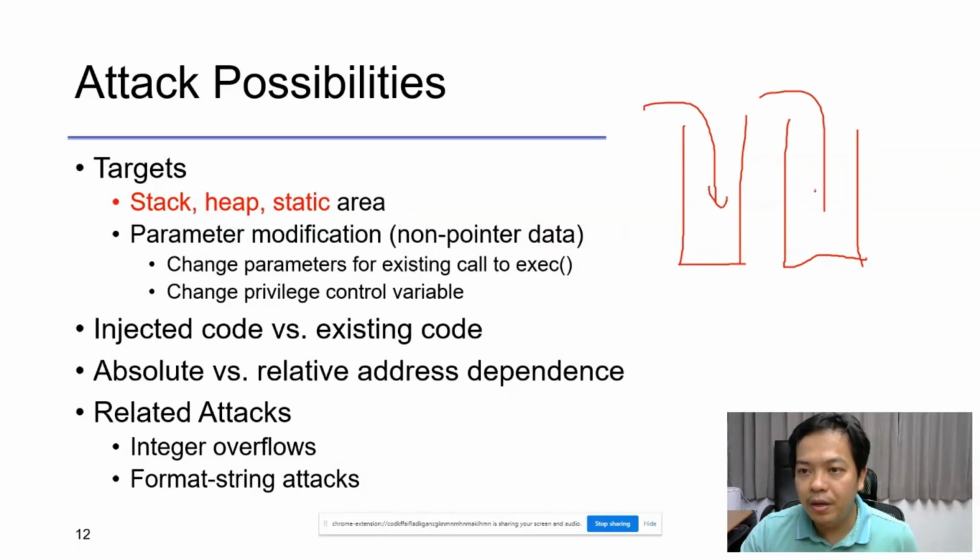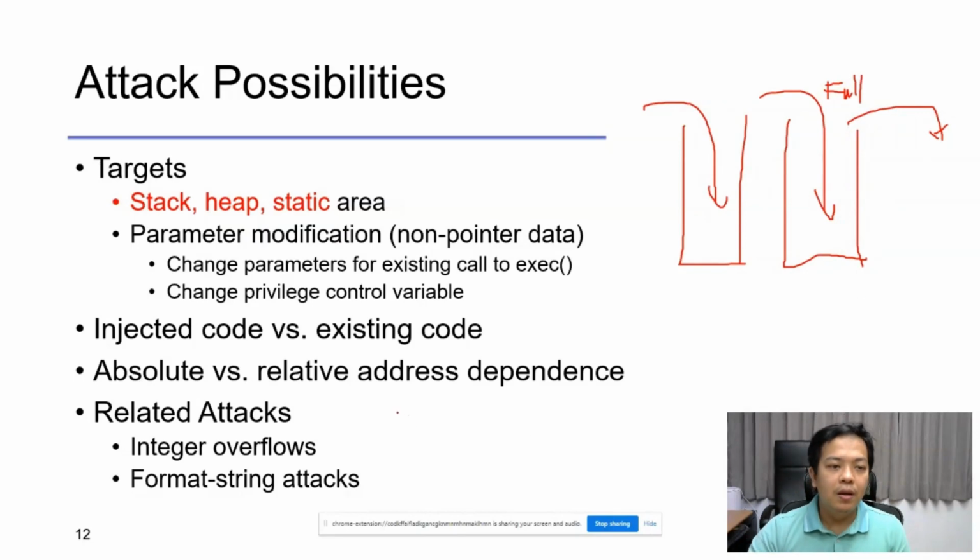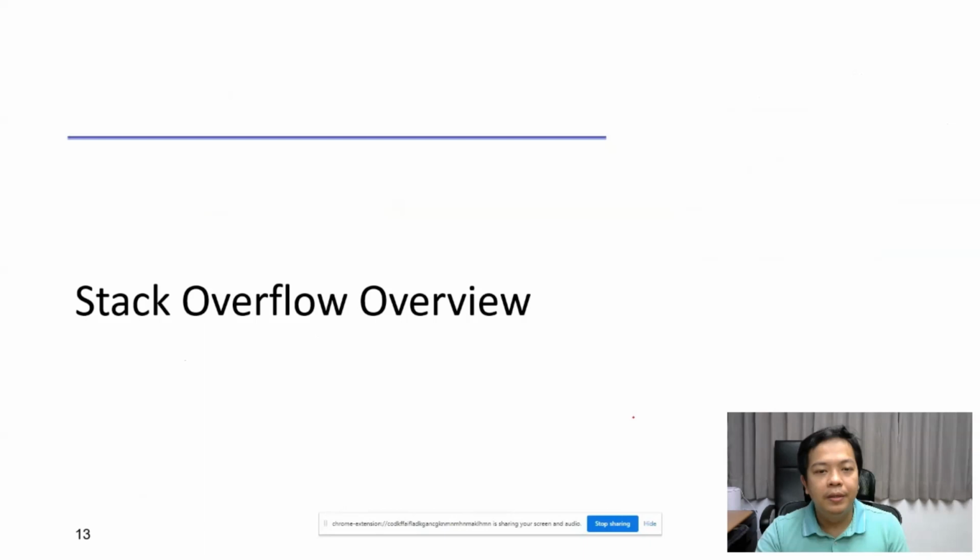We put the memory here, but sometimes it's full. So where will the data go? How can the hacker inject the code? Is there any other method besides buffer overflow? We can look in more detail.